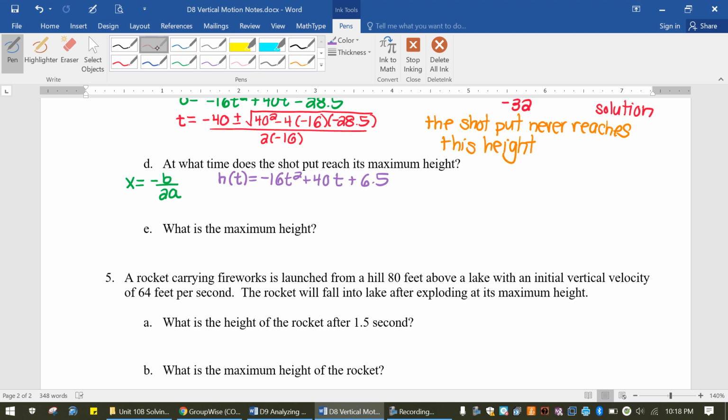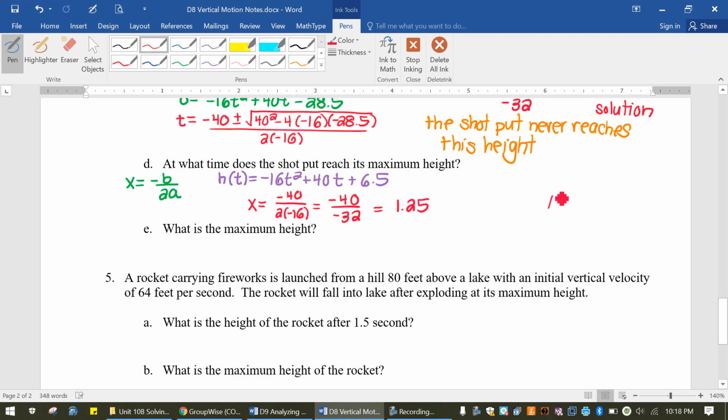So to find that x-coordinate of the vertex, negative 40 over 2 times negative 16. So negative 40 over negative 32 is going to be 1.25.